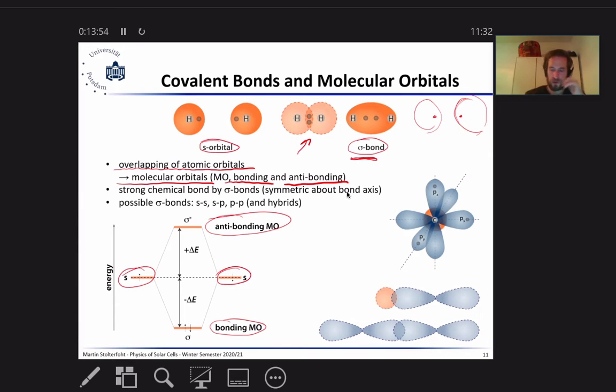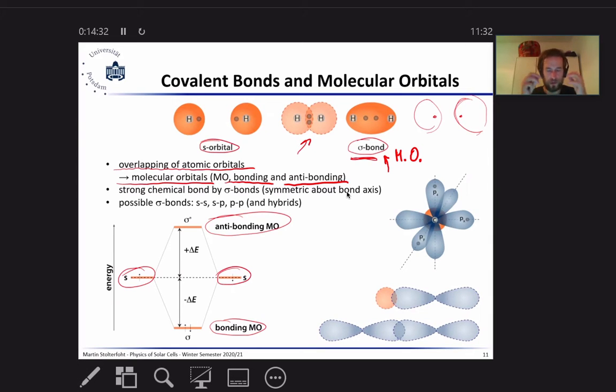So typically, the most basic molecular orbital is the sigma bond. And a sigma bond does not necessarily need to be formed by s orbitals, but it can also be formed by ss orbitals, by sp, and even pp orbitals, and hybrids of those.